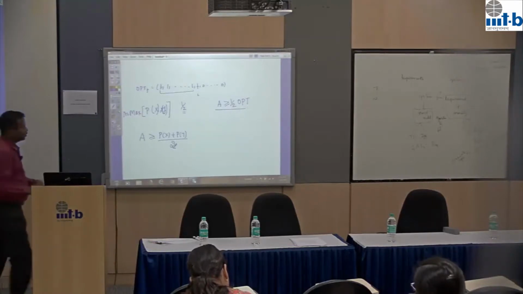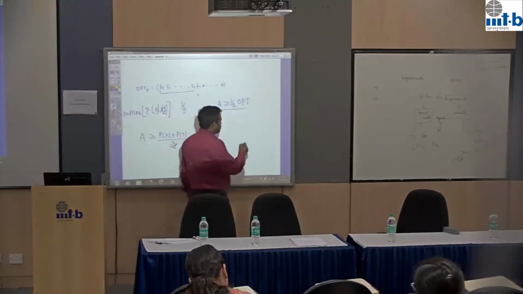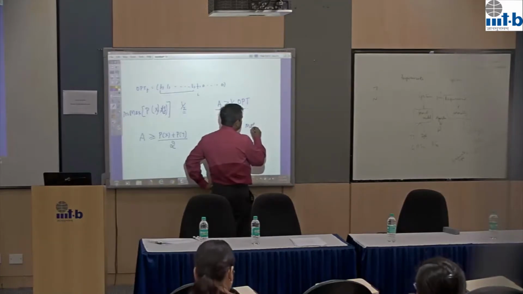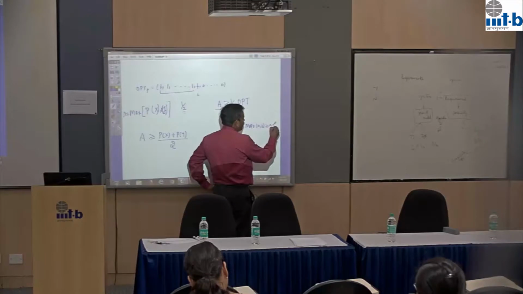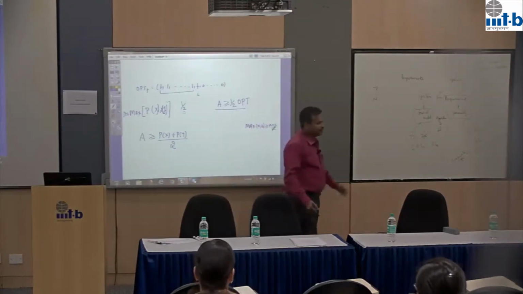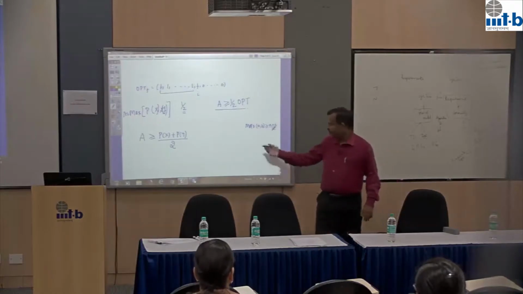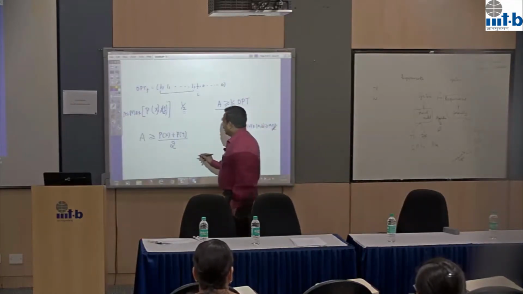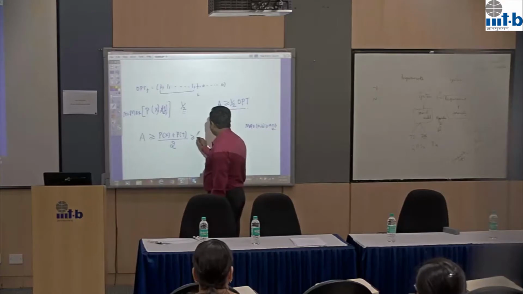If I just have any two integers, the max of A comma B should always be greater than or equal to the average. And the min will be certainly smaller than or equal to the average, right? So we need the max of this. So this I will write as half of P of x plus P of y.